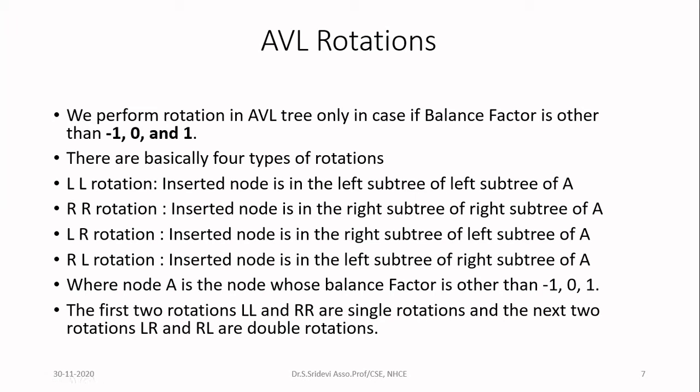When the letters are the same, you need to perform a single rotation to balance the tree. In the next 2 rotations, the letters are different, LR and RL. If they are different, we need to perform 2 rotations in the AVL tree to balance it. This is simply to understand. Now let us consider the rotations.